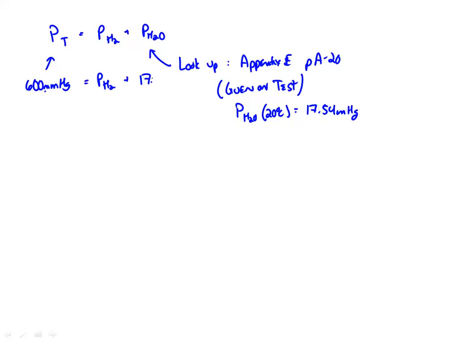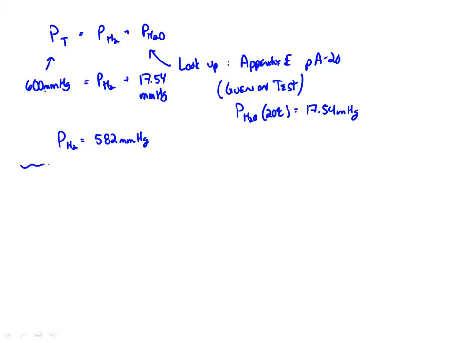And so that means that we can solve for H2 by knowing this. Now this is kind of an easy example in that we can simply look up the pressure of the H2O to figure out the mole fraction. But you can do the exact same thing if you have a series of gases, or if you're given the mole fractions, it's just one more step. So that means that my pressure of H2 is really just 582 millimeters of mercury.